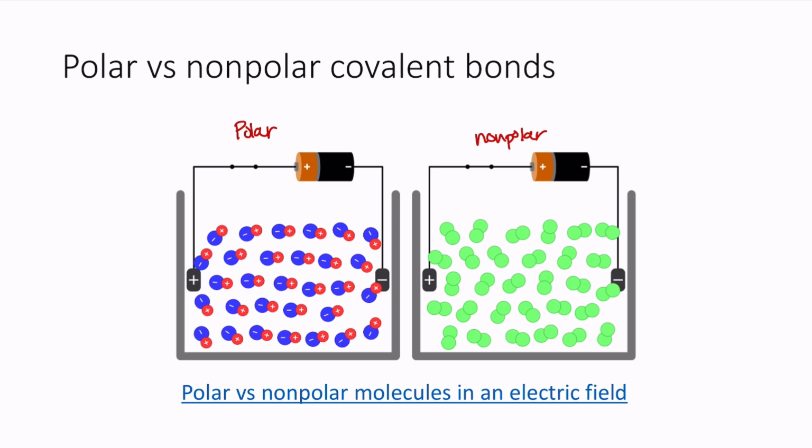So if this is exposed to some sort of current, then the negative ends of the molecule will line up so that they are close to that positive, and the positive ends of the molecule will line up so they are close to that negative. If your molecule is nonpolar, then notice it is not affected in that electric field.